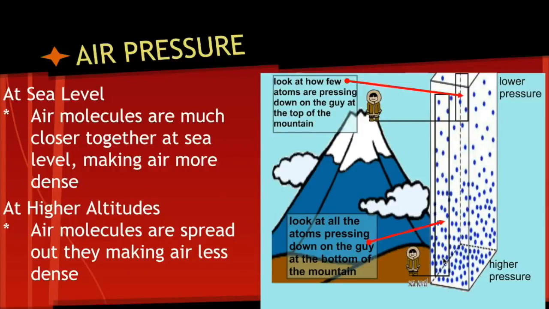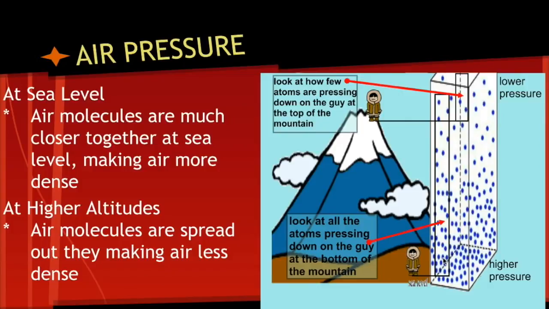This is very much the same situation, except we're really talking about air molecules. There are many more air molecules at sea level, and they're much more condensed, which gives them higher density.